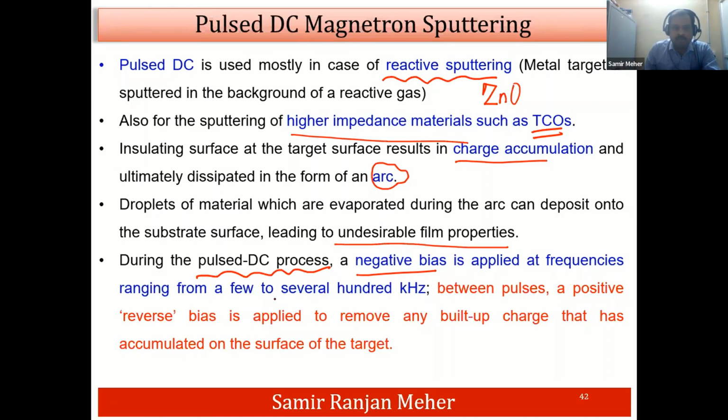When the reverse bias is applied, it will remove any charge accumulation at the target, and it will result in neutralizing the poisoning of the target. So this is what is mostly followed in the industry for coating metal oxides.